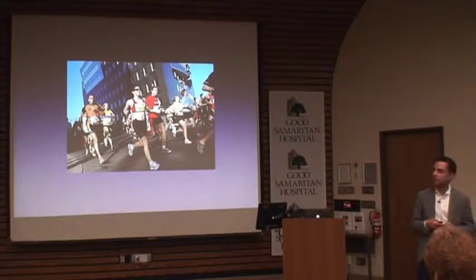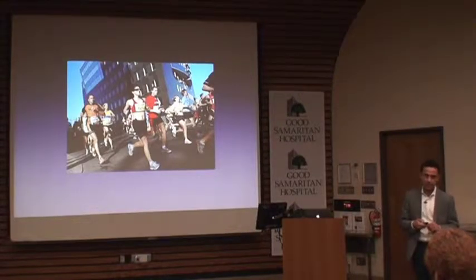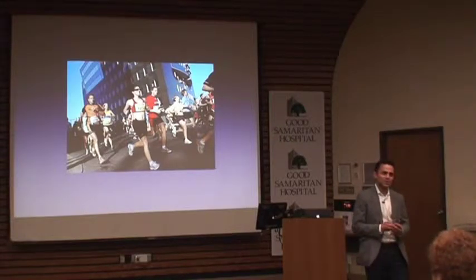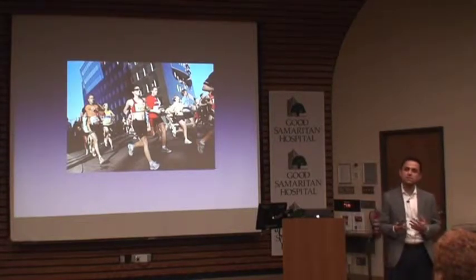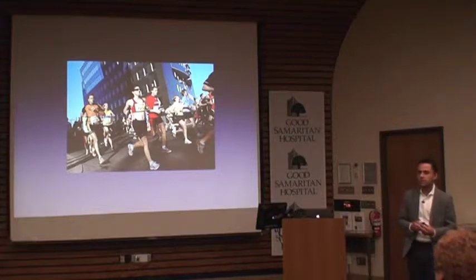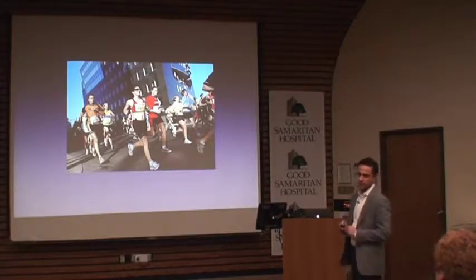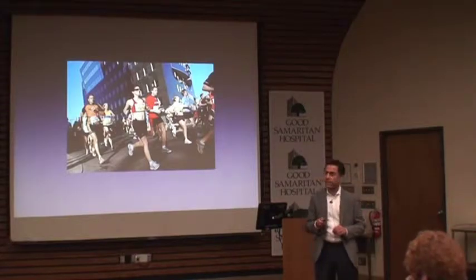It's roughly a half a marathon a day for that one meal, and most of us don't do that. So here we are with a very easy explanation for some of the metabolic derangements or the oversupply of energy that we see in our society.